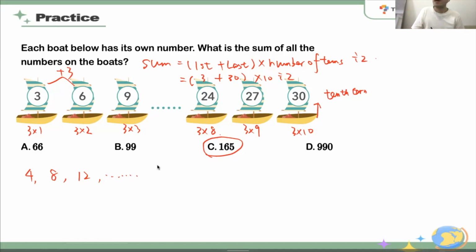And we have 48, 52, 56. Okay, just tell me what is the sum of this sequence? It's your time to work out the final answer.